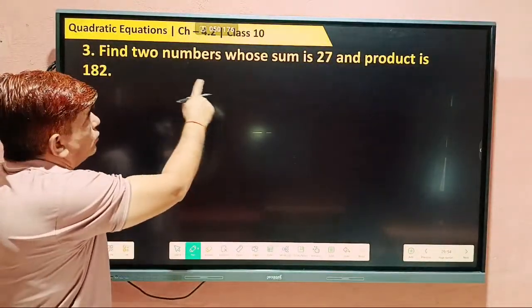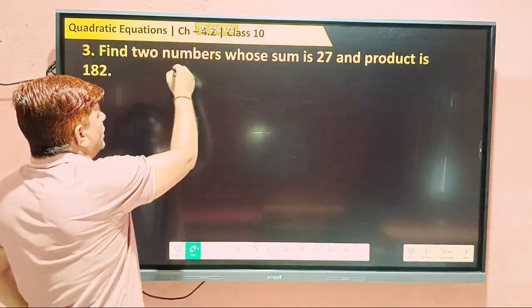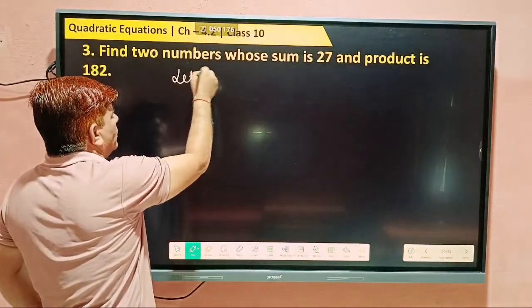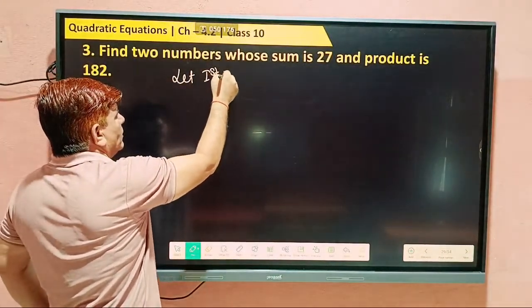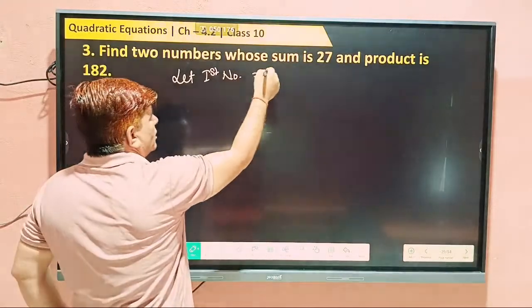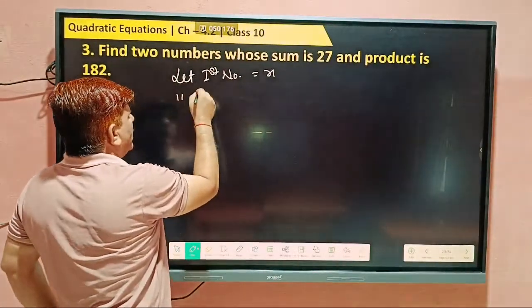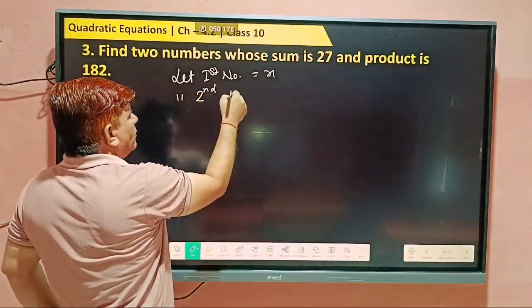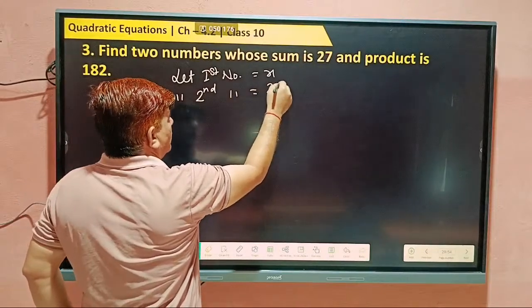So find the two numbers whose sum is 27. Let the first number be x. Let the second number be, since the total sum is 27, 27 minus x.